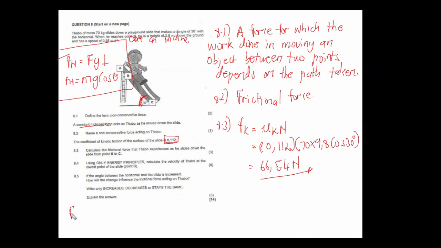We have our Fk as 66.54 newtons, right? And then let's continue. It says, using only energy principles, calculate the velocity of Turbo at the lowest point of the slide, which is point C. Now note this, we are on an incline, and on an incline we normally vouch for the work done by a non-conservative force formula, right?